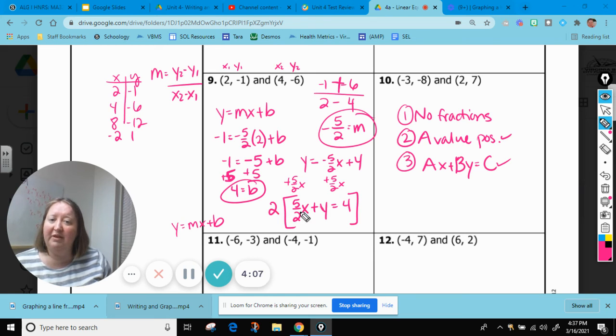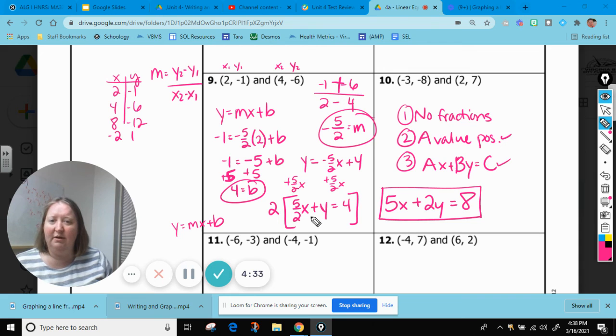When I multiply by the denominator, that's going to make this cancel into an integer. So 2 times 5, 10, divide by 2 is 5x. I'm trying to get rid of this fraction, but I've got to multiply everything by 2. Plus 2y is equal to 8. And so then that is my answer in standard form.